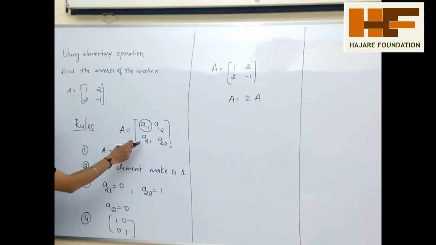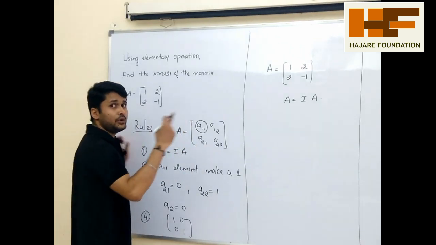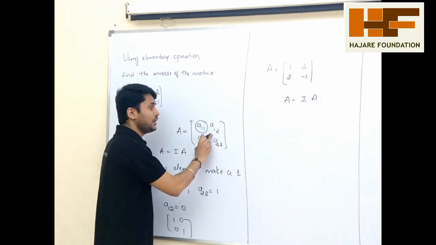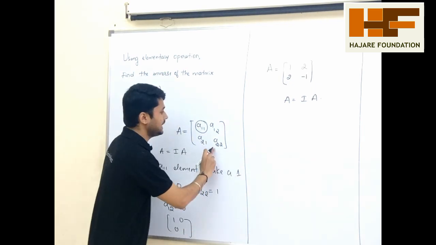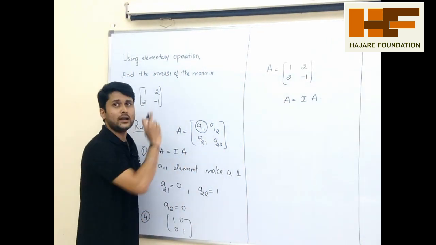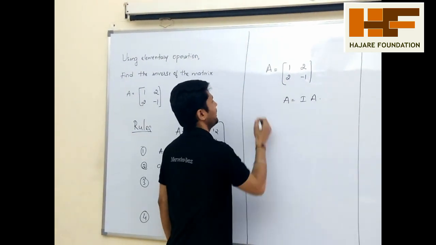In a row operation, we make the A21 element 0. When solving using a column operation, at that time we have to make the A12 element 0. After that, make the A22 element 1. After that, make the A21 element 0. This is the procedure.